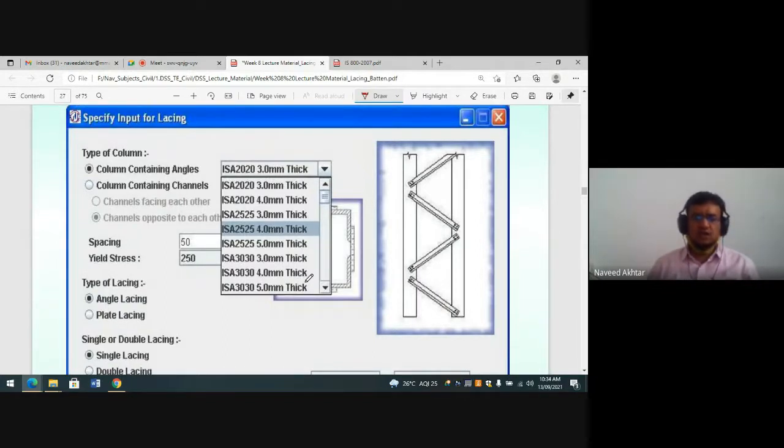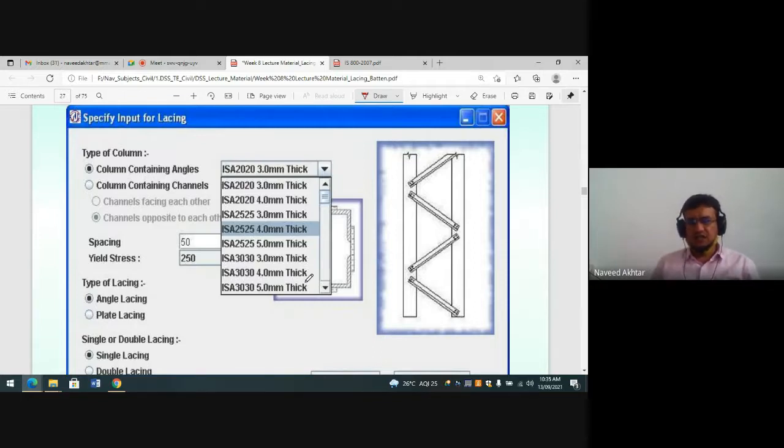You can input the data and get the results. All the calculation will be done by the program you make in software. If you know how to calculate each and every step of the lacing system, you can do the programming in Excel also.